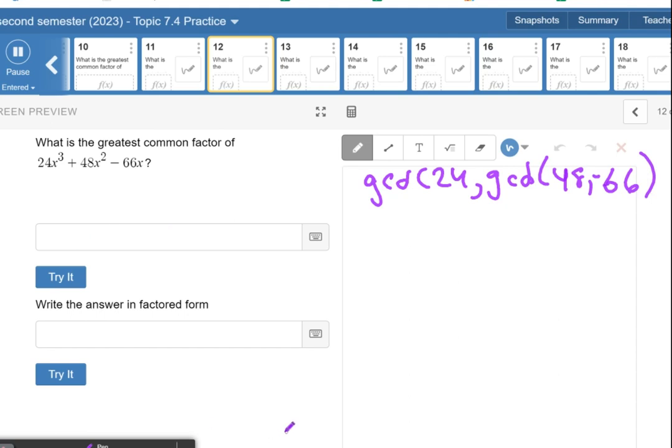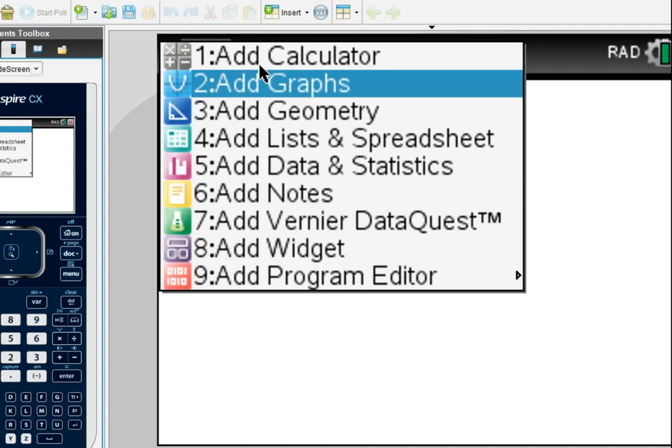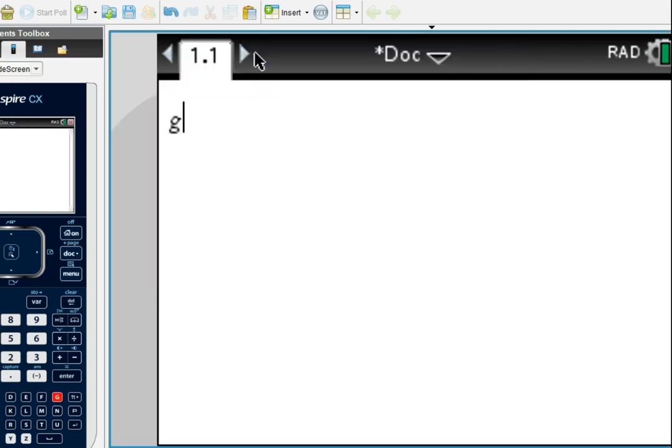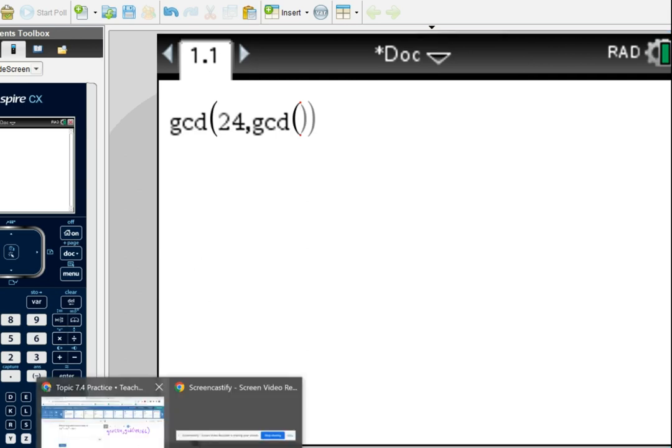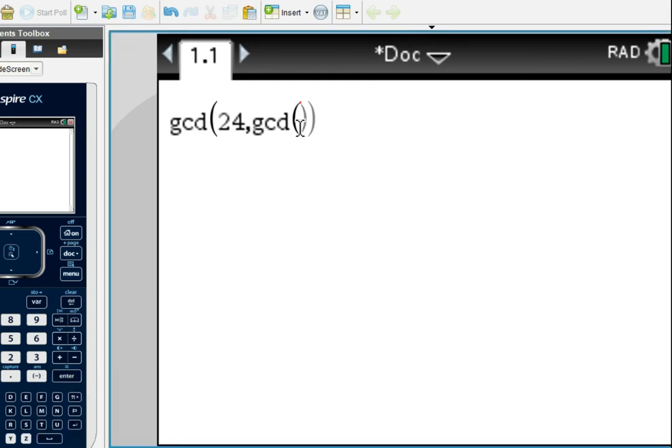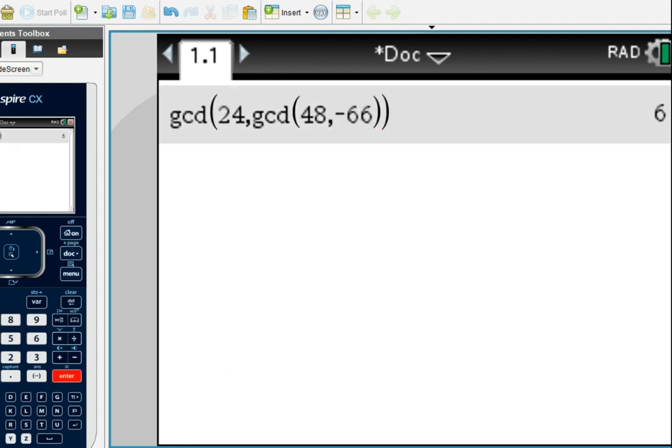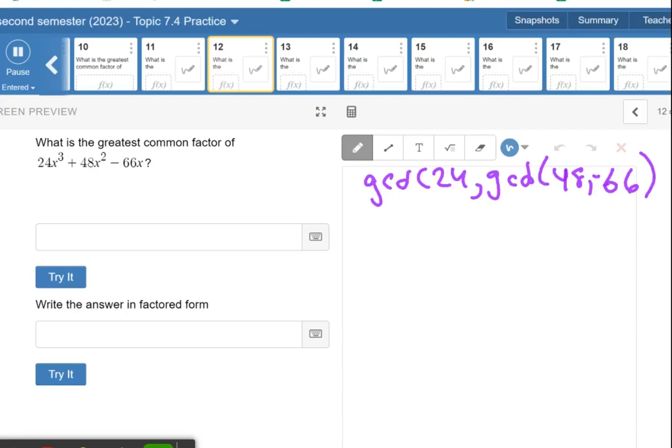So I'm going to do that on my own calculator. And then the GCF is 6.